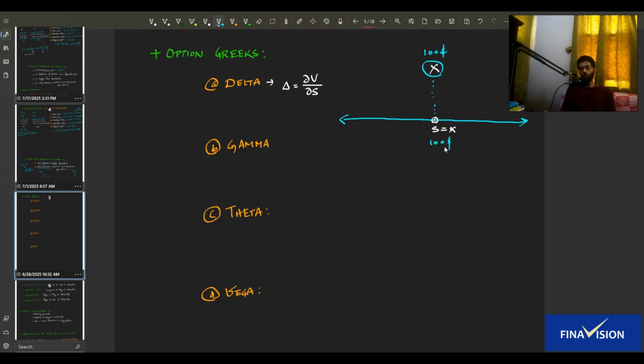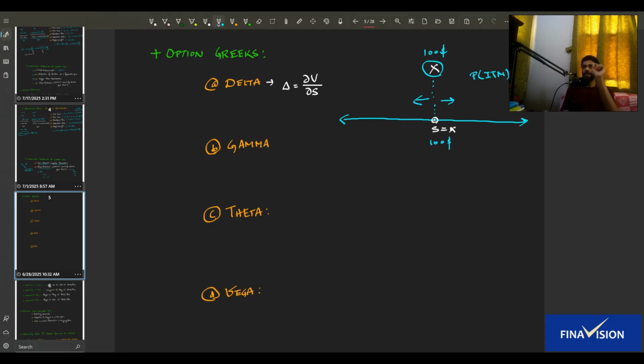Now what is the probability that it will go either this way, that is in the negative way, lower than $100, or higher than $100? The probability here considered is to be half, right? When it is at the strike price, the probability of it going upwards or downwards is same. So the probability of it expiring in the money is 0.5.